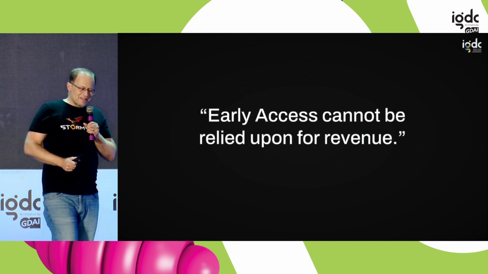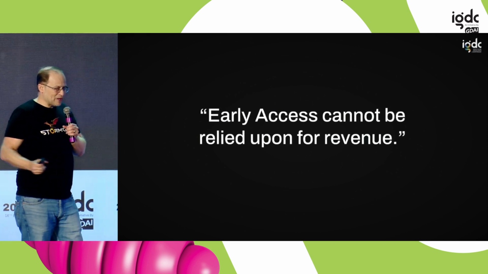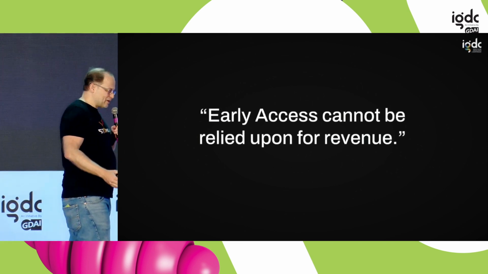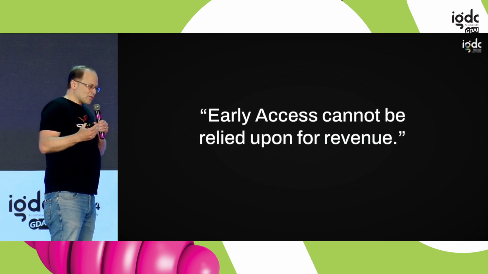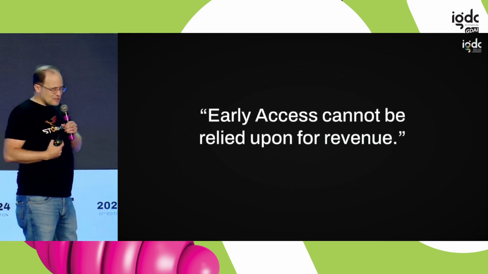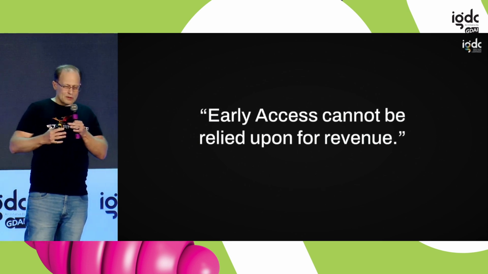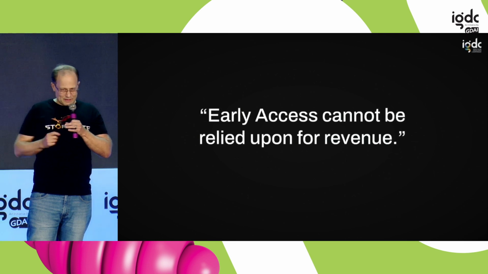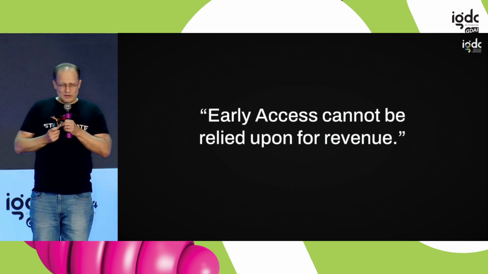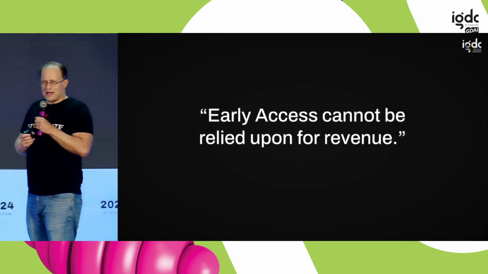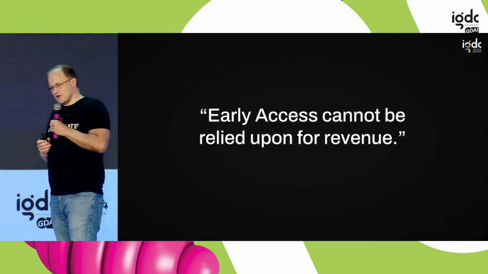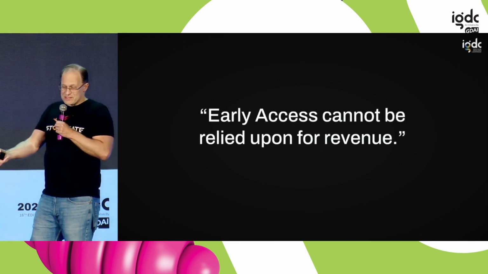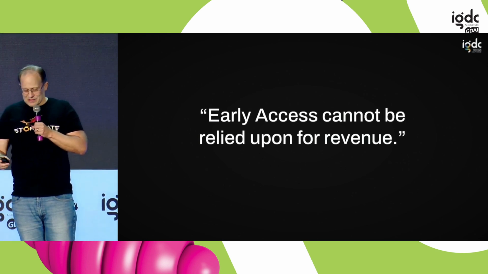And this slide is probably the most important learning. I started earlier on by saying how we viewed early access as a way to be able to continue developing the game. With bad review scores, revenue is not high, no surprise. And so the clear learning there is you actually can't rely on early access for revenue.